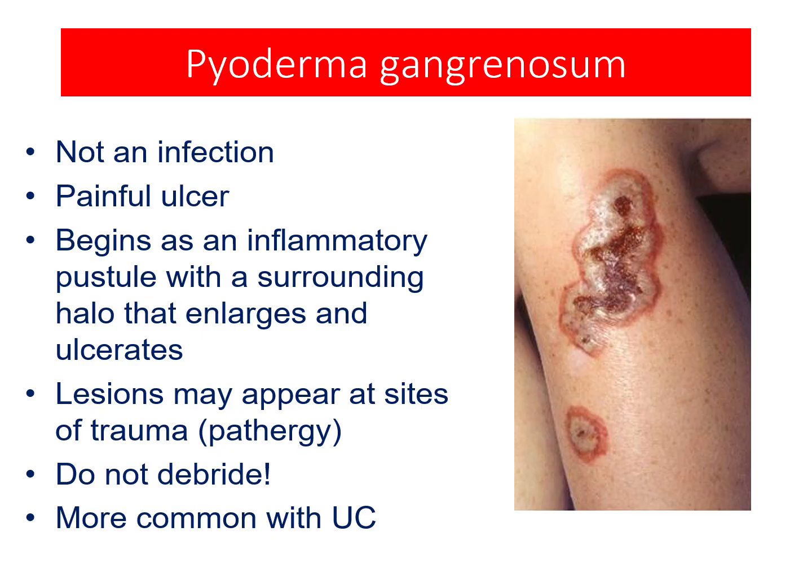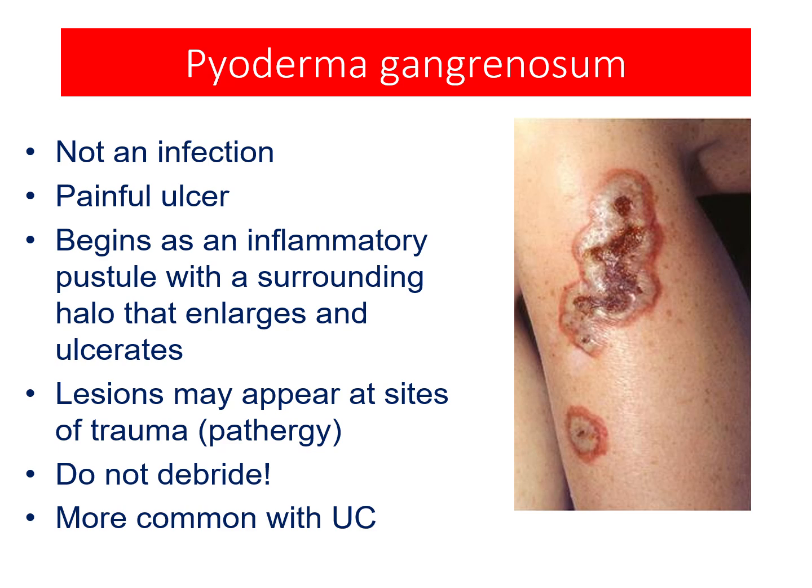Now, pyoderma gangrenosum, this is a misnomer. As you will see, there are lots of misnomers in dermatology. So it's not an infection. It's not a real pyoderma. Pyoderma normally refers to an infection. Gangrenosum because they look like gangrenous skin. So it's not an infection.